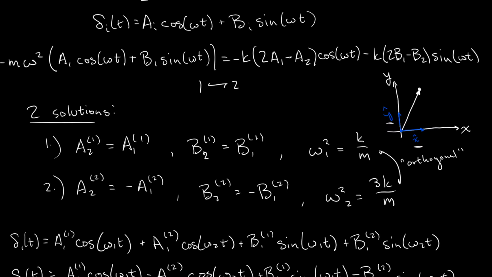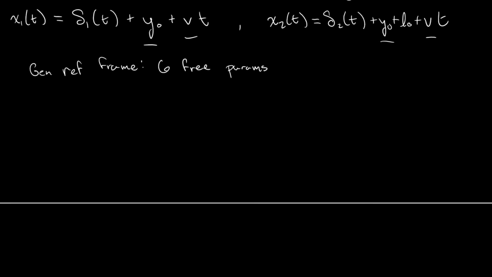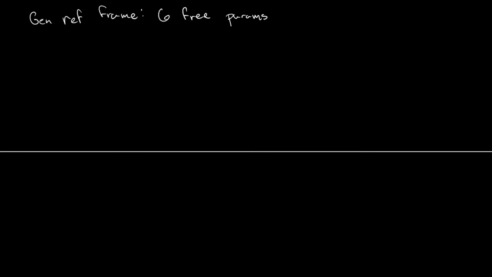Okay, so now let's go on to the point that I think people have been sort of waiting for, which is let's go crazy. So as I said, this whole normal mode business works for any number of independent oscillators that I want to put in.